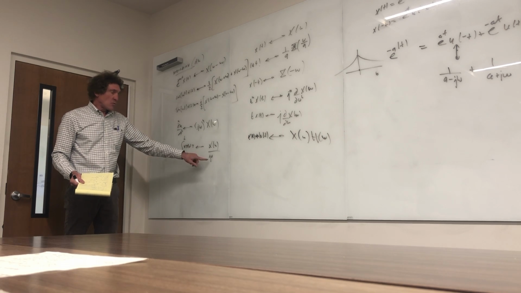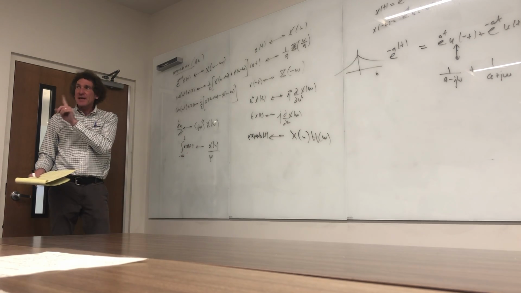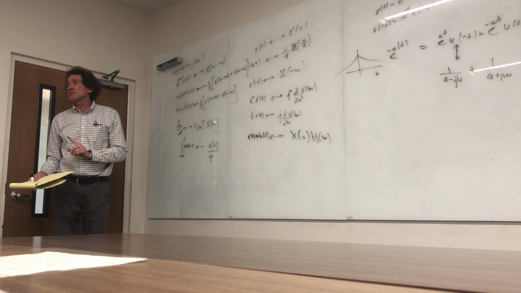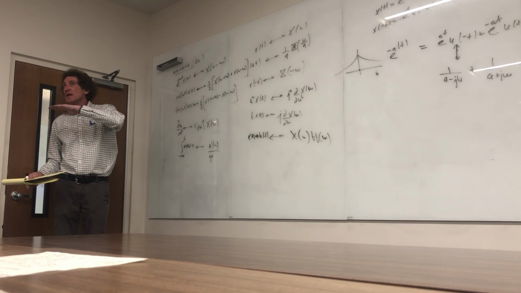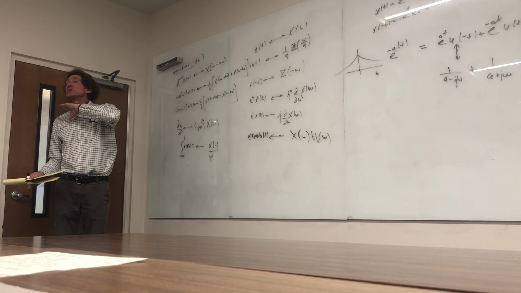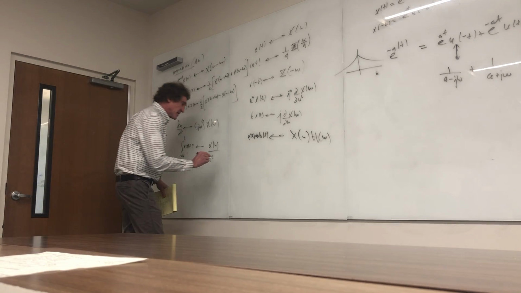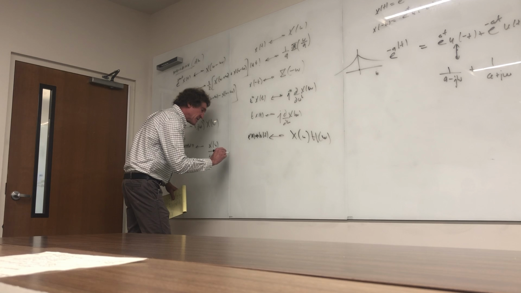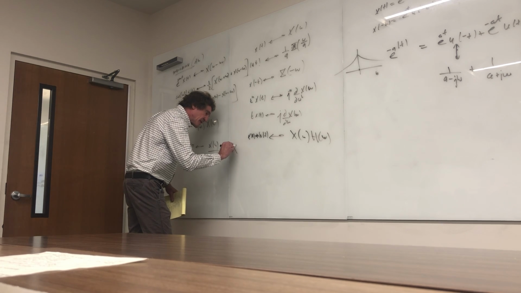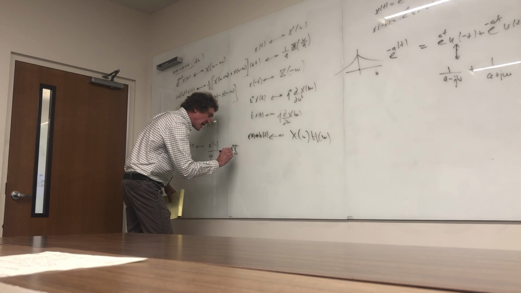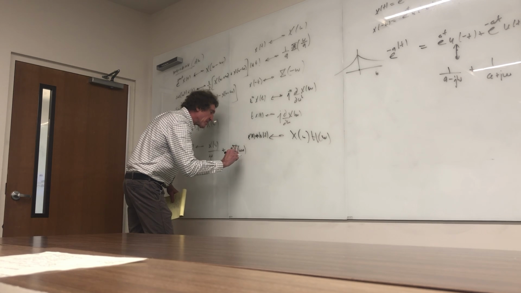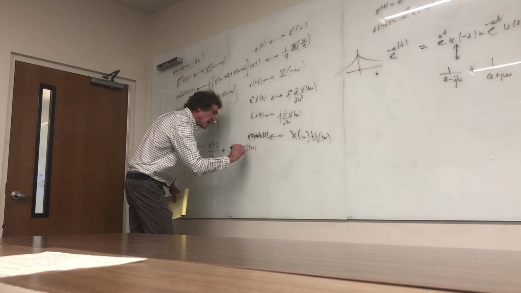The integral brings in 1 over s or 1 over j omega, but there's one more thing, and it's because these things exist from minus infinity to plus infinity, and they can have a non-zero average power. This is where it comes in. And then you have this: you're going to have plus pi times X, the frequency domain value when omega is 0, times delta of omega.